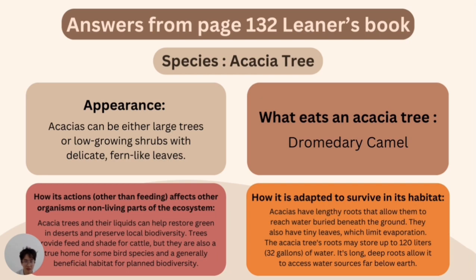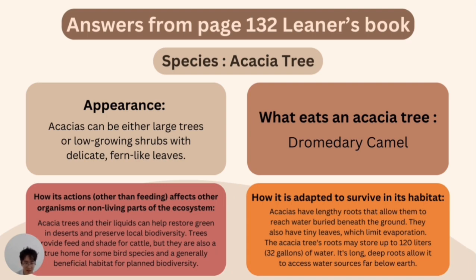Now, the plant adaptation for our ecosystem: we chose the species acacia tree. In appearance, acacia trees can be either large trees or low-growing shrubs with delicate fern-like leaves. What eats an acacia tree? Dromedary camels.